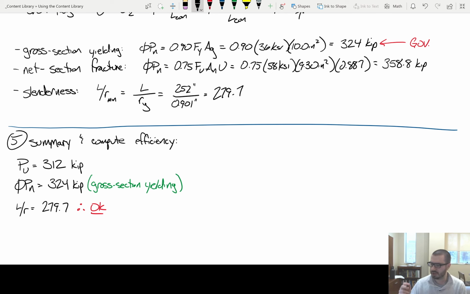Now, what I do want to do over here off to the side is compute the efficiency, which is Pu over phi Pn, because what this is telling me is that I know the member's good. I know it has more capacity than it does load, but how good is it?